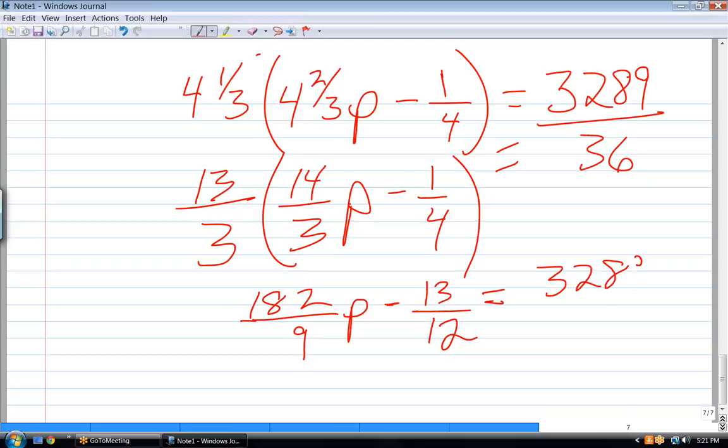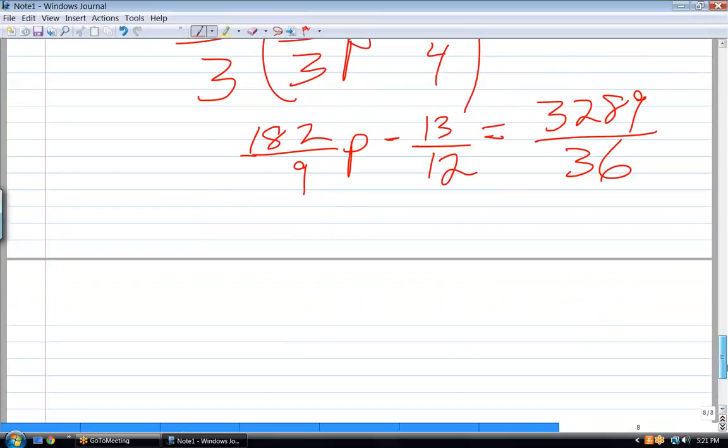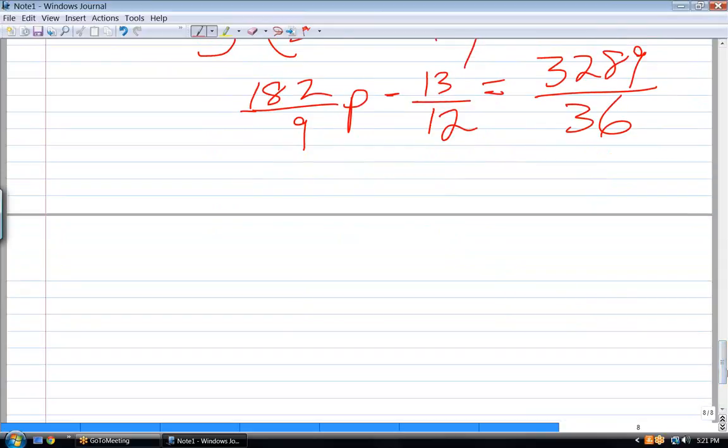3,289 over 36. Okay. Now I wanted to get to this point because I want to show you a step here. If you can eliminate denominators in one step, do it. It'll get rid of all the fractions for you at once.